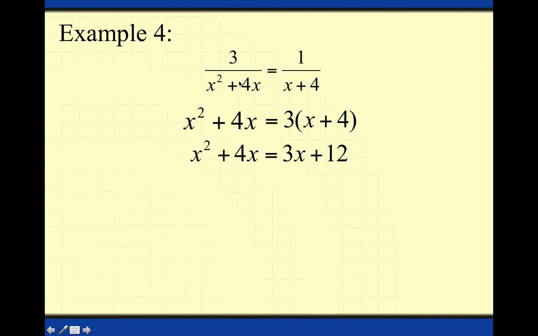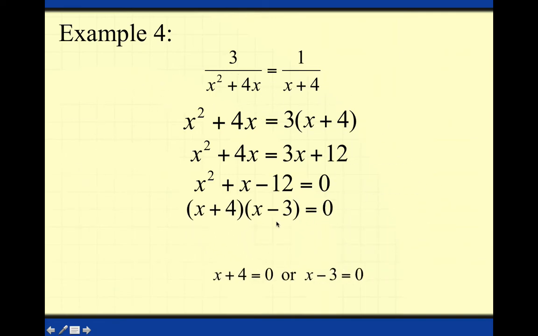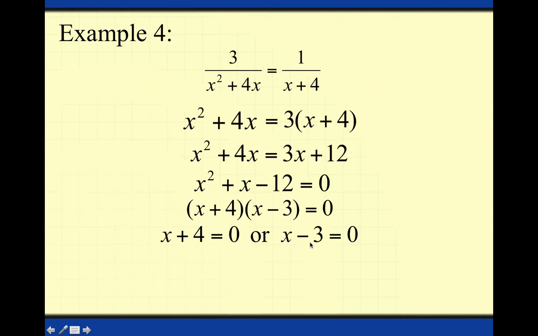That's nice, because that 1's gone. Distribute it here. And now subtract the 3x, subtract the 12 across, factor, set them equal to 0. And don't forget, check both answers.